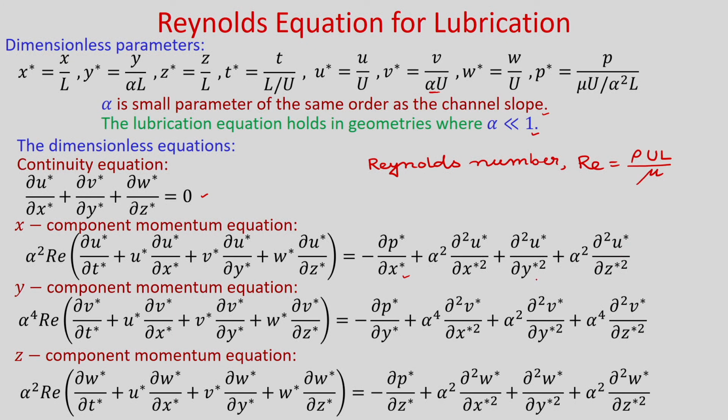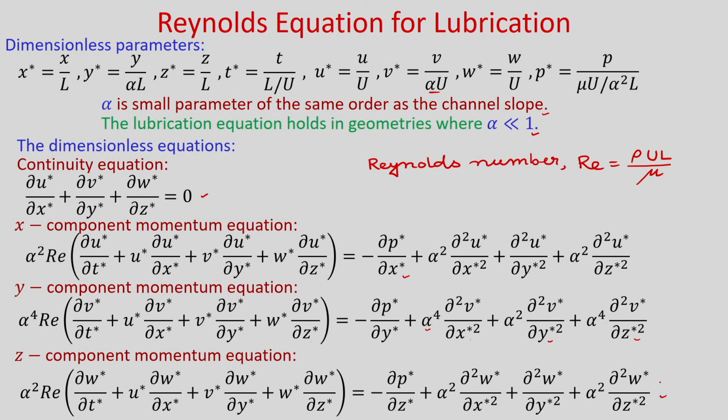Similarly, for the y component momentum equation, you will get alpha to the power 4 into Re on the left hand side, and on the right hand side all the viscous terms have alpha to the power 4 or alpha square multiplied with them. The z component momentum equation you will get like this.